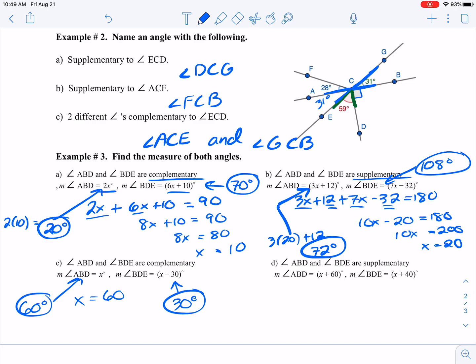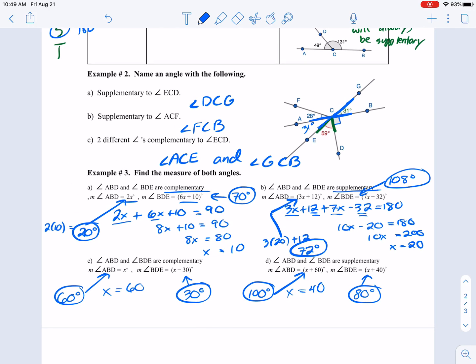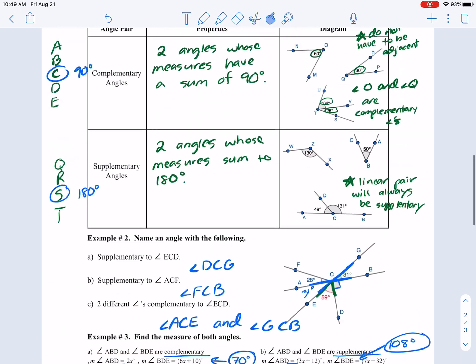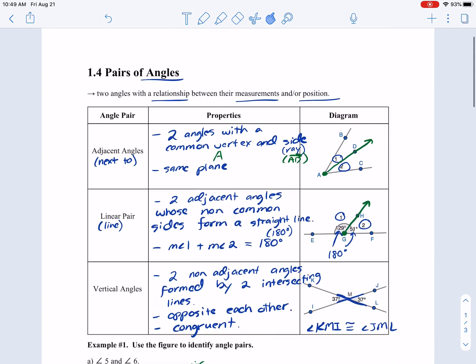Go ahead and try D. Should have gotten x equals 40. When we plug that in, we get the measure of angle ABD equaling 100 degrees, and the measure of angle BDE equaling 80 degrees. All right, plenty more practice tonight on your homework with complementary, supplementary, vertical angles, linear pairs, and adjacent angles.